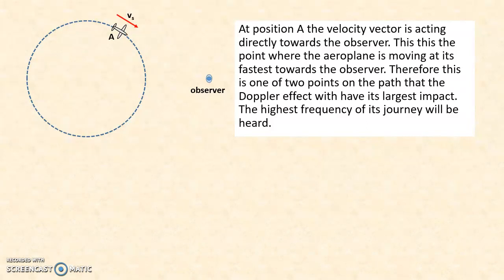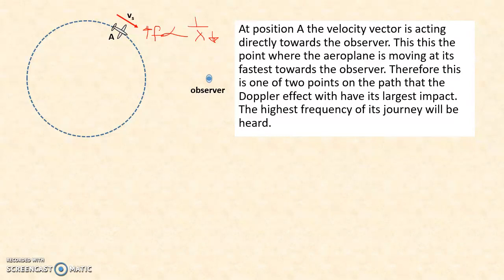Therefore, the wavelength is decreasing. And because frequency is inversely proportional to wavelength, and the wavelength is decreasing, the frequency must increase, because the speed of the sound through the medium stays constant.